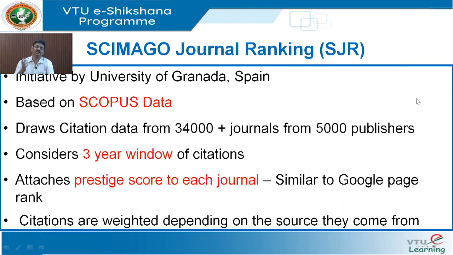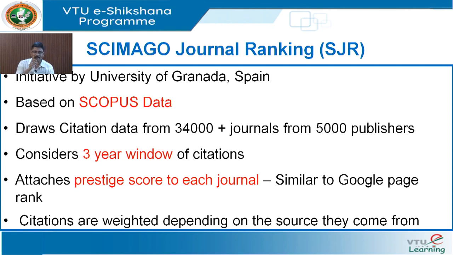So, another important measure of journal quality is the SCImago Journal Rank. Okay, it is an initiative by the University of Granada in Spain. It is purely based on Scopus data, and this raw citation data is for 34,000 journals which are indexed in Scopus. It also considers a 3-year window of citation data, and what it does is attach prestige to each citation of each journal.